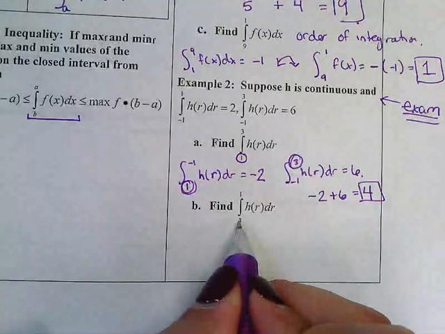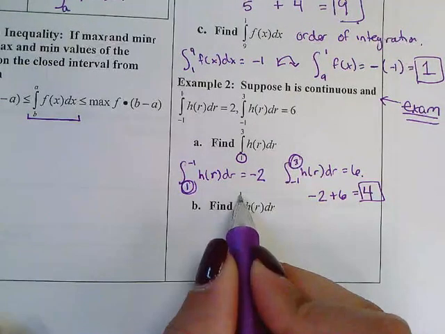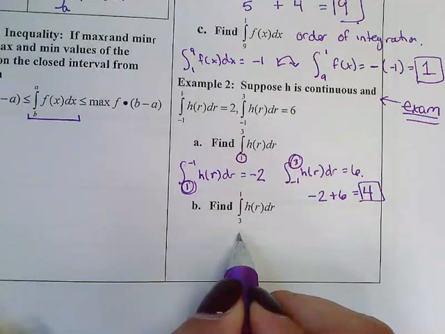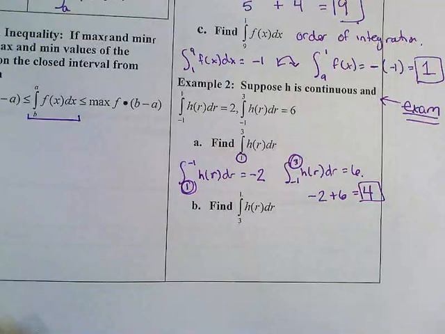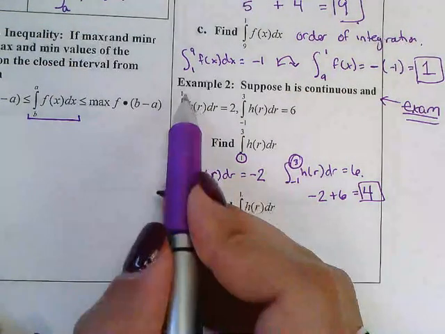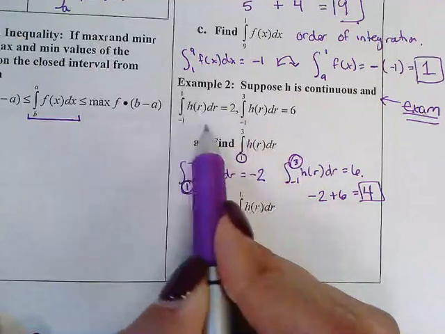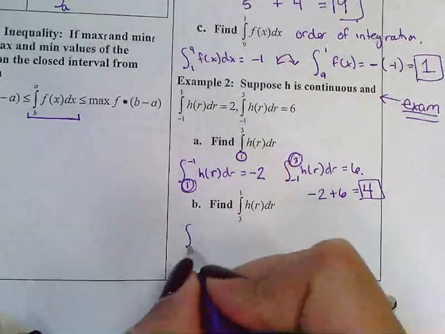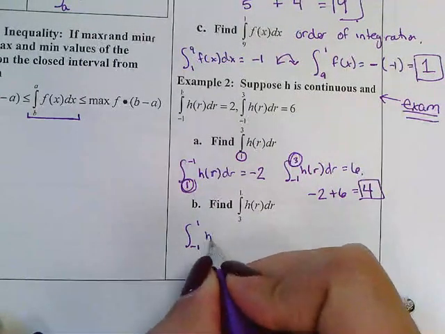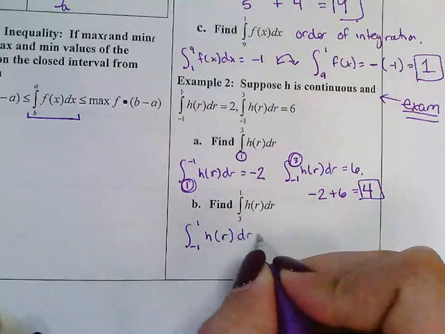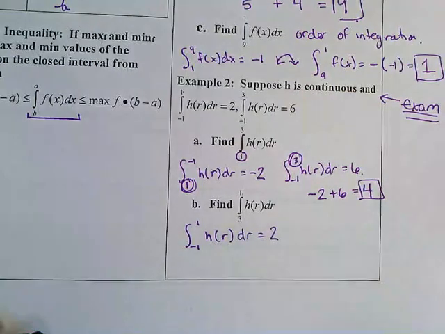Alright, and then this one right here, it's 1 to 3. So, I'm sorry, 3 to 1. So again, it's going to be the order of integration. Okay? So this side is fine. -1 to 1 of h of r dr equals 2.